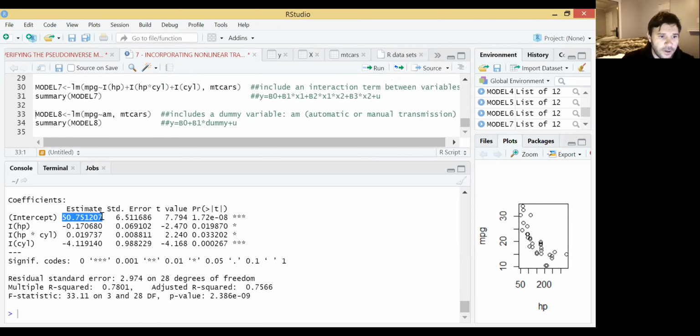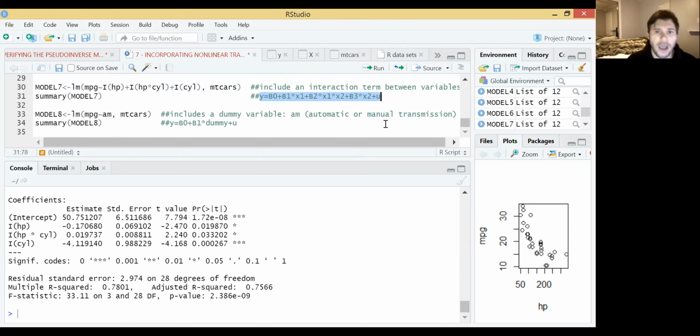Here is our intercept estimate. That is the coefficient on horsepower. Here is the coefficient beta 2, which is on that interaction term of horsepower and cylinders. And here is the coefficient beta 3, which is the term on cylinders. And again, if you want to figure out the partial effects, how does x1 affect y, holding x2 fixed and vice versa, you're going to wind up taking the partial derivative of the regression function.